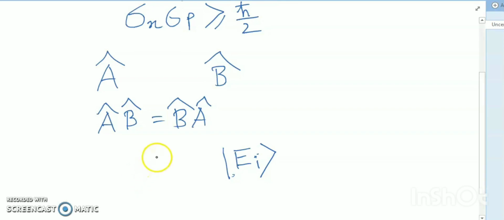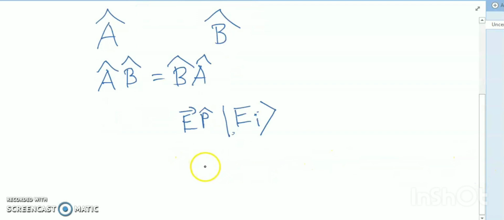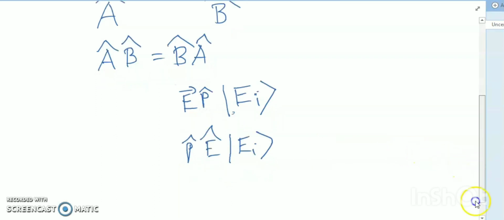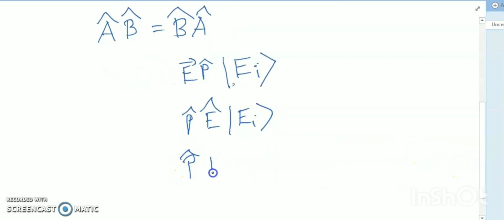So this is E cap and P cap, and just flip the order, so we get P cap E cap, divided by E I, and hopefully reduce the expression to a simpler one. So the reduced expression is P cap E I.